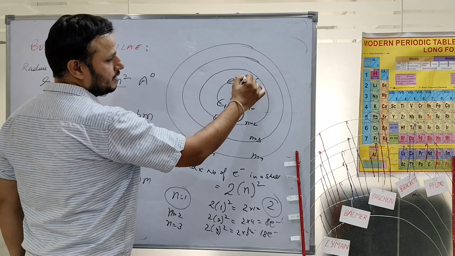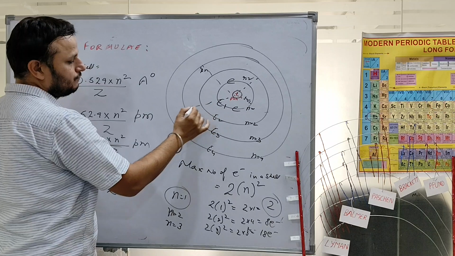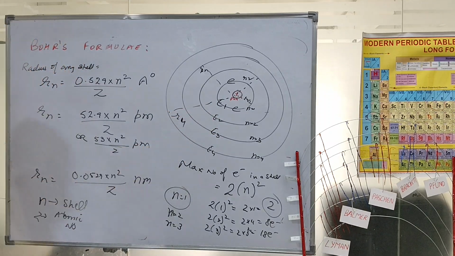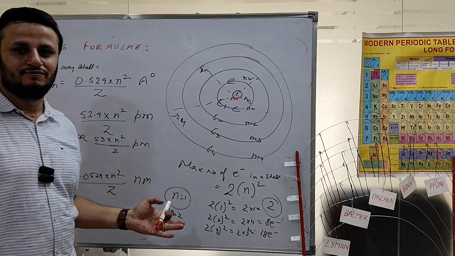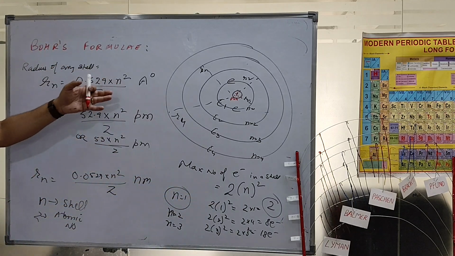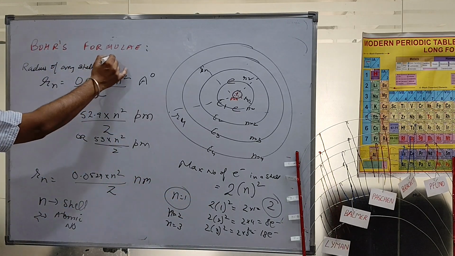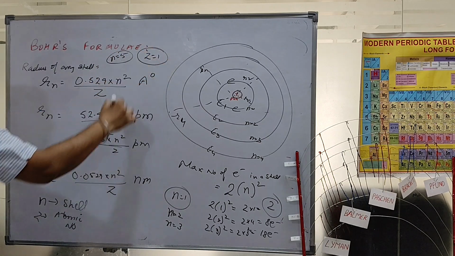Radius can be of the second shell, third shell, fourth shell, and so on. We calculate the radius of the fifth shell of hydrogen: n is equal to 5, and for hydrogen z is equal to 1.